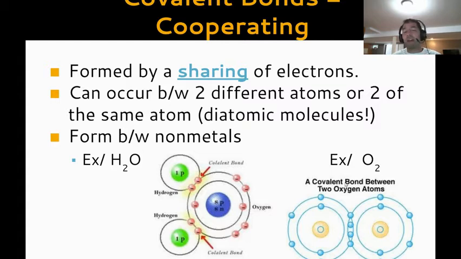Now, most of the time, molecules are made of 2 or more different atoms. But like we just said, sometimes you can have molecules made of 2 of the same atoms, and those are called diatomic molecules. It is a molecule because it is made of 2 or more atoms, and it is diatomic because di, the prefix, as you probably know, means 2, and atomic means atom. So di, 2, atomic, atom, 2 atoms.